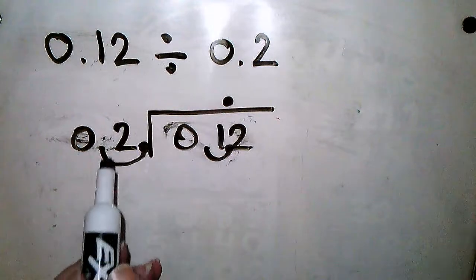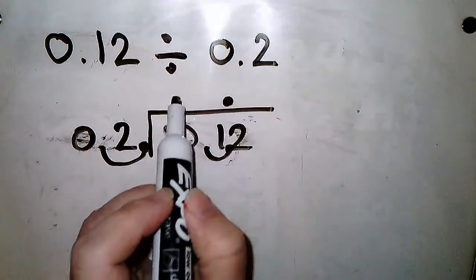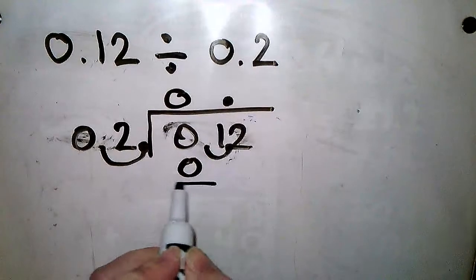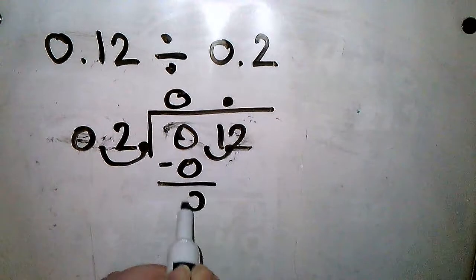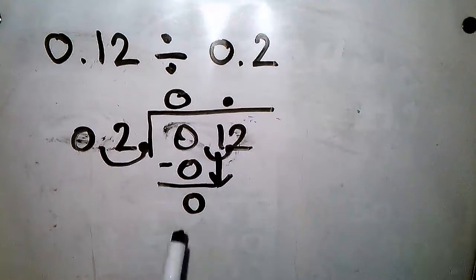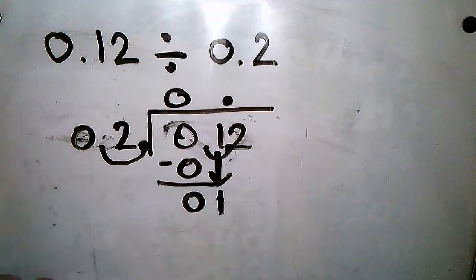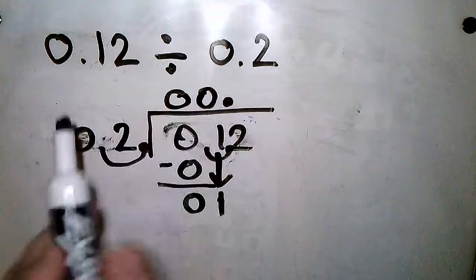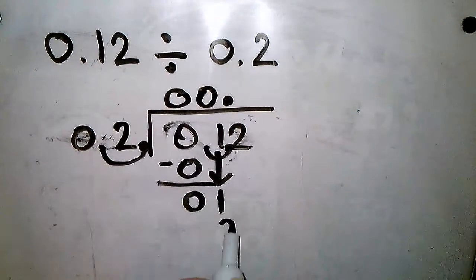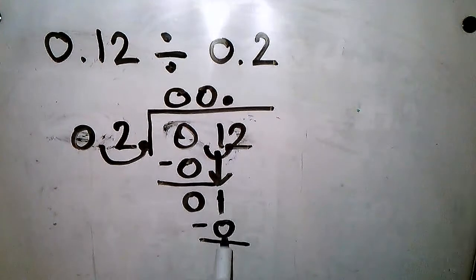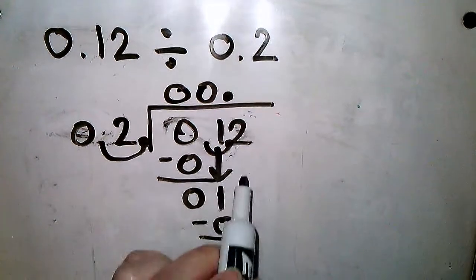So I'm going to ask myself, well, does 2 go into 0? No, it does not. 0 times 2 is 0. I'll bring down my 1. How many times does 2 go into 1? Well, it can't, so 0. 0 times 2 is 0. 1 take away 0 is 1.